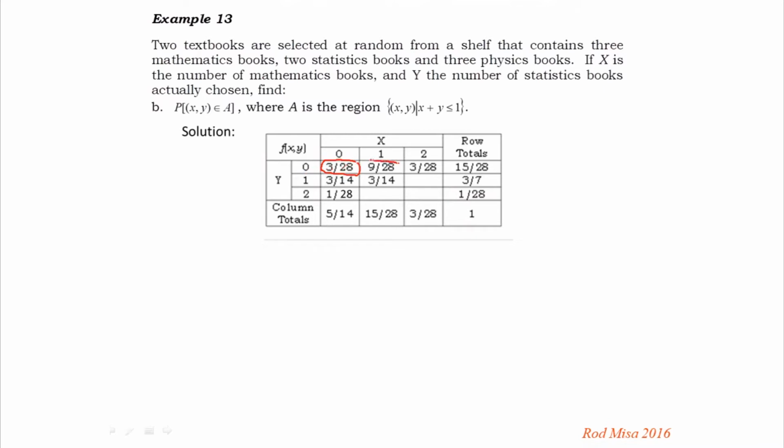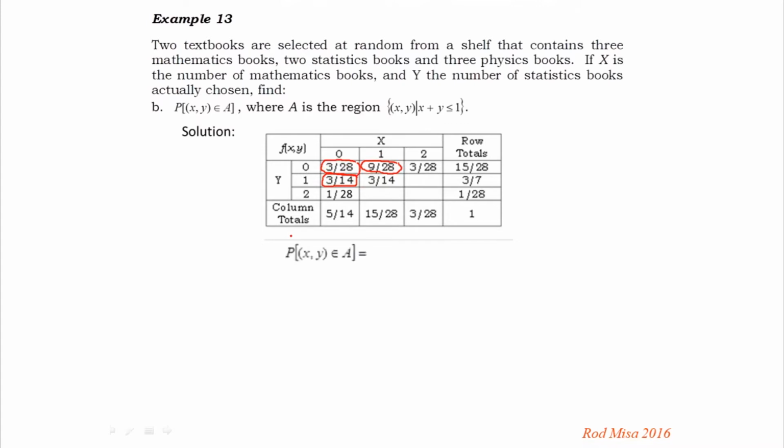And also this probability value because your x is 1 but the y is 0. So the sum of this x and y is not greater than 1. As well as this probability value when your x is 0 but your y is 1, since the sum of 0 and 1 is not greater than 1.